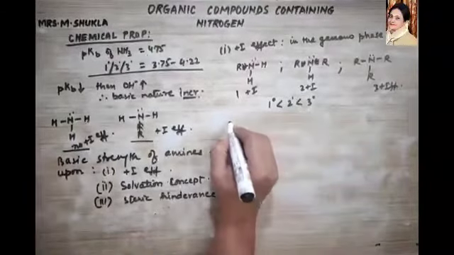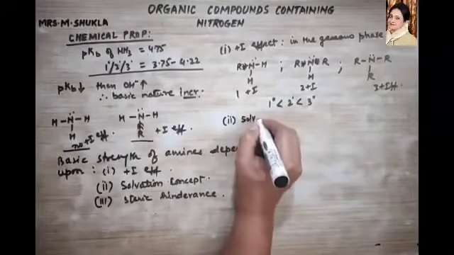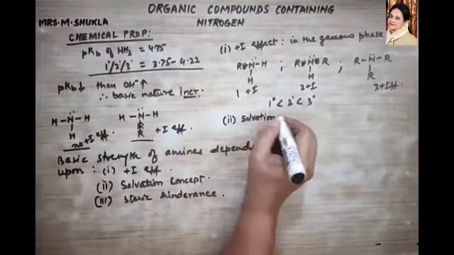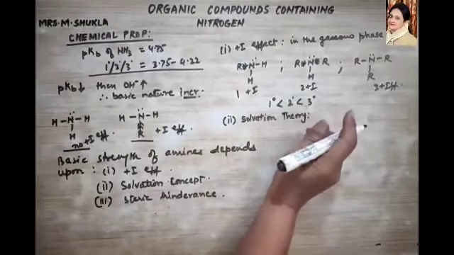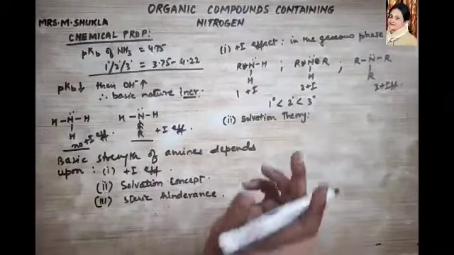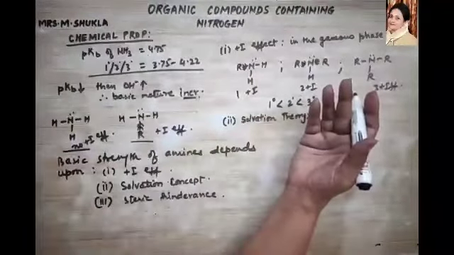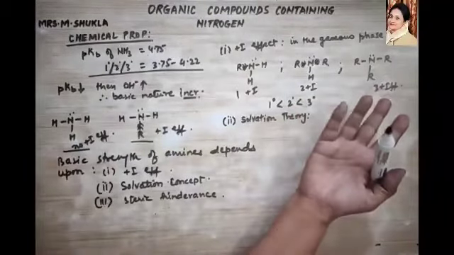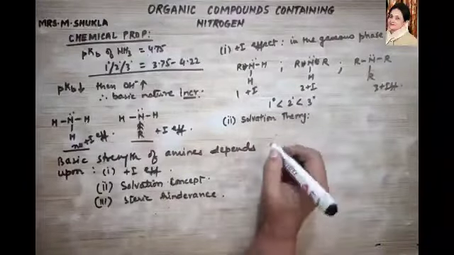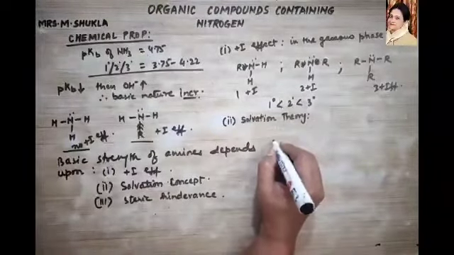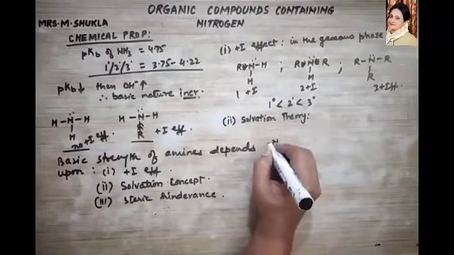Okay, next we come to the second theory. What is our second theory? The solvation theory. The solvation concept states that the amine which is more soluble in water shows more basic nature, right? So if you look at your primary amine, it has more hydrogen atoms present.